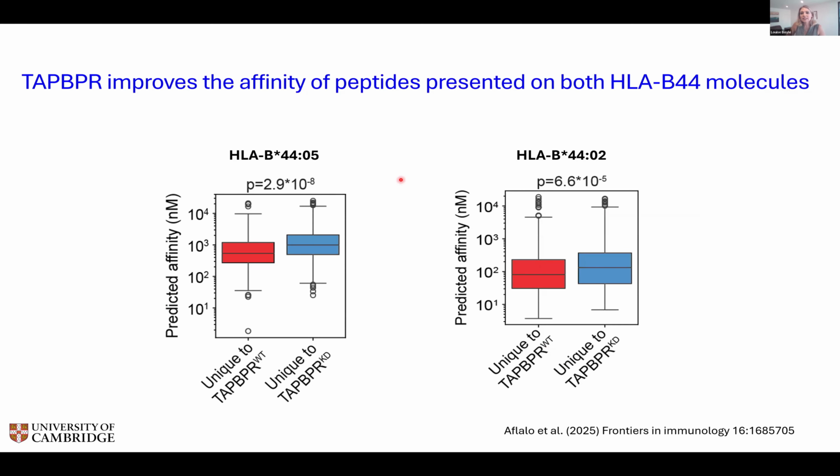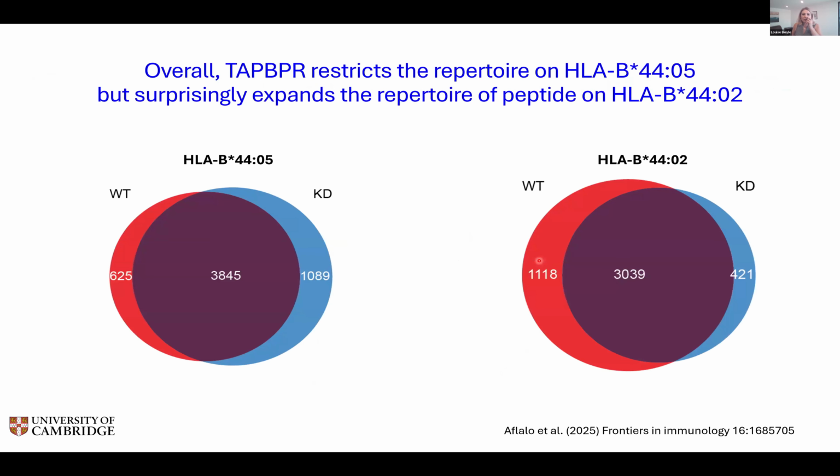We went on to show that TAPBPR presence was improving the affinity of the peptides presented on both B4405 and B4402 molecules. And then, very interestingly, when we looked at the breadth of the peptidomes, we made some interesting observations.